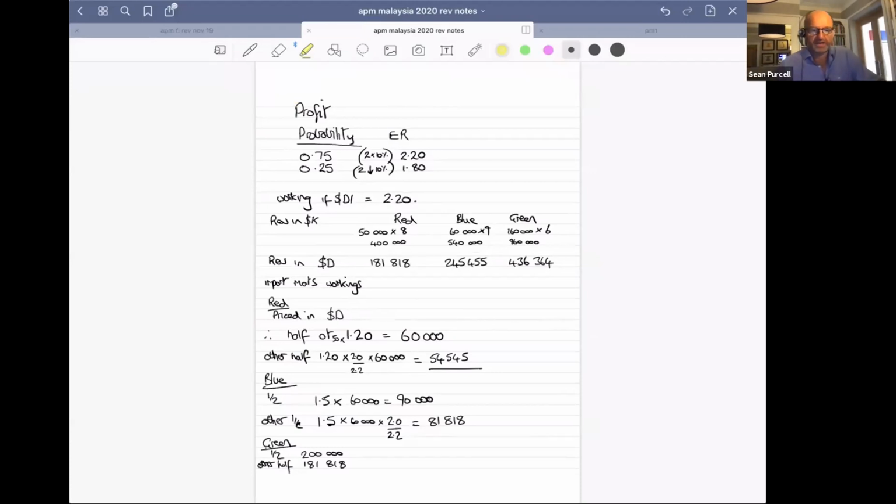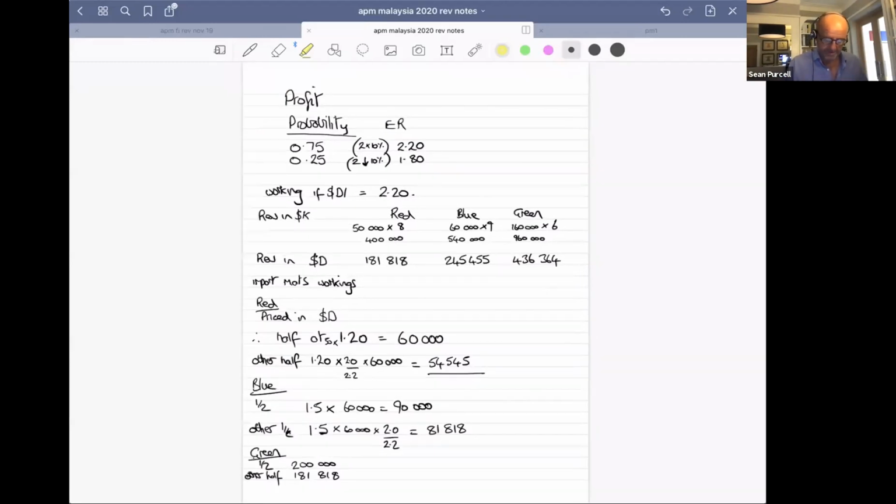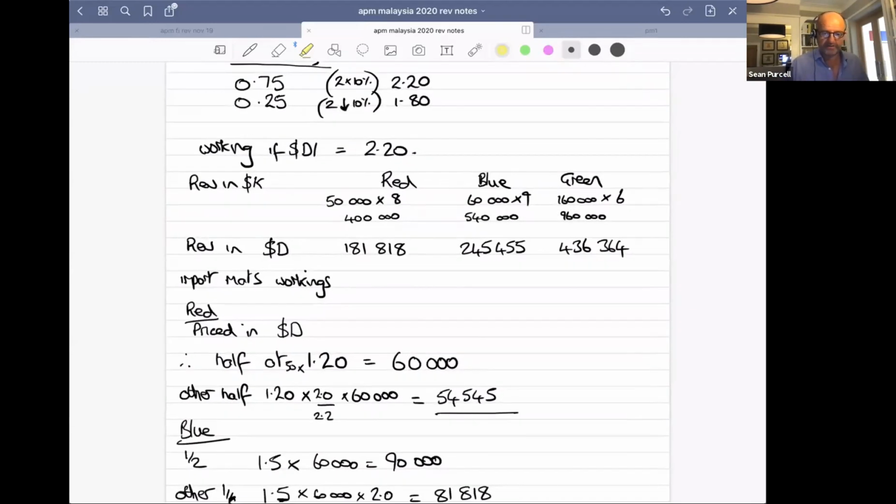The advice here would be, where we are asked to do calculations, you need to talk to the examiner, the marker, like you're talking to a child. So here I've made it very, very clear.